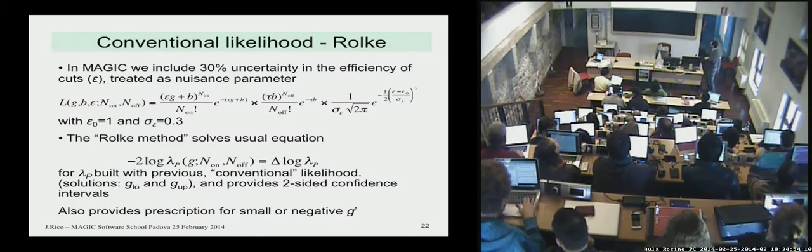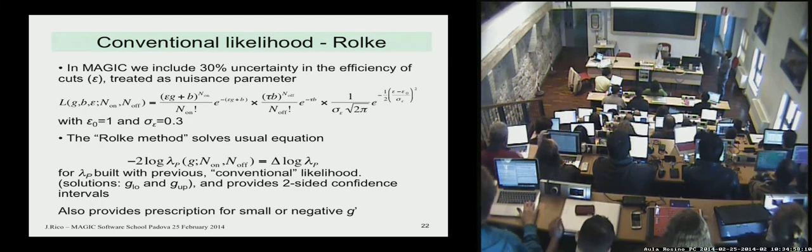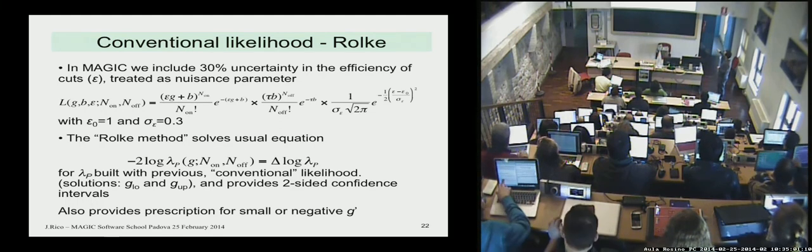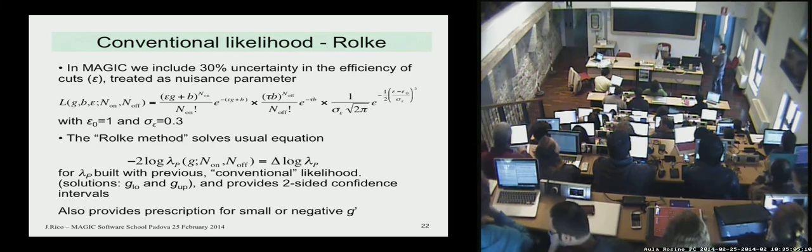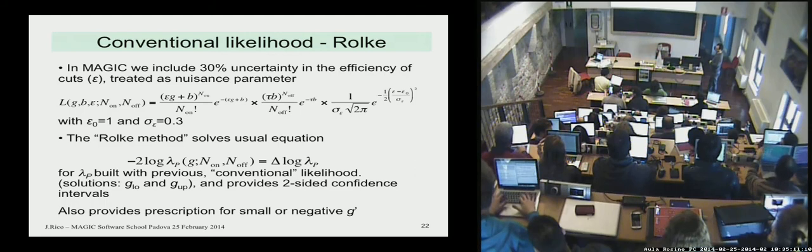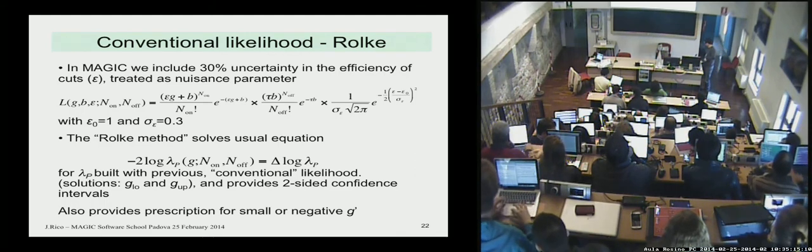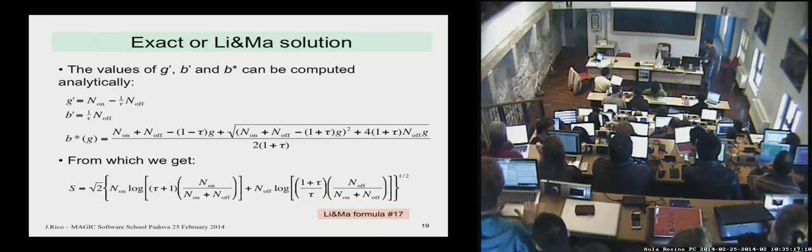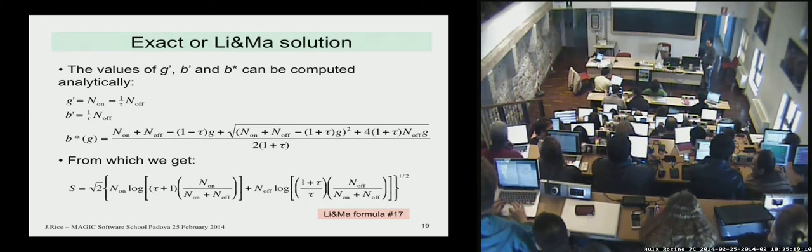Yeah, this is Rolke. Rolke is the n on Poisson, n off Poisson, and this is a Gaussian for the efficiency of the cuts, let's say. I think this is not solvable, but I'm not sure. I mean, because it could be. It's written in Rolke's paper. You can find several examples, but in general, it depends on the expression of the likelihood.